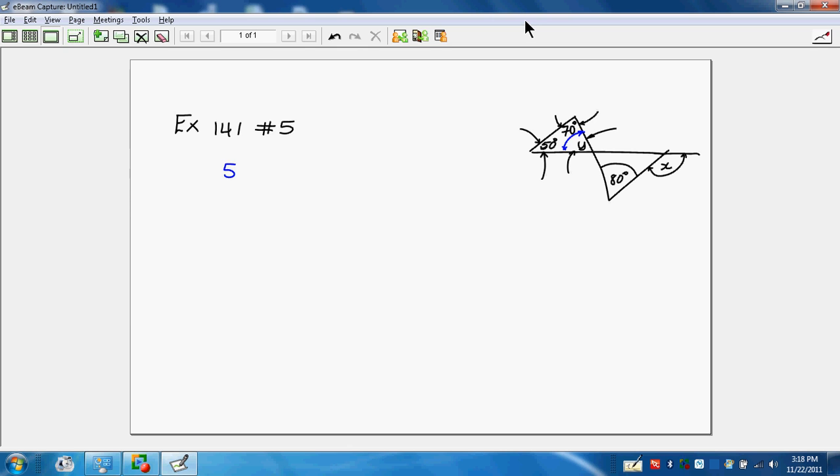So we'd say 50 degrees plus 70 degrees plus angle y is equal to 180 degrees. And that's because the angles in a triangle are supplementary.